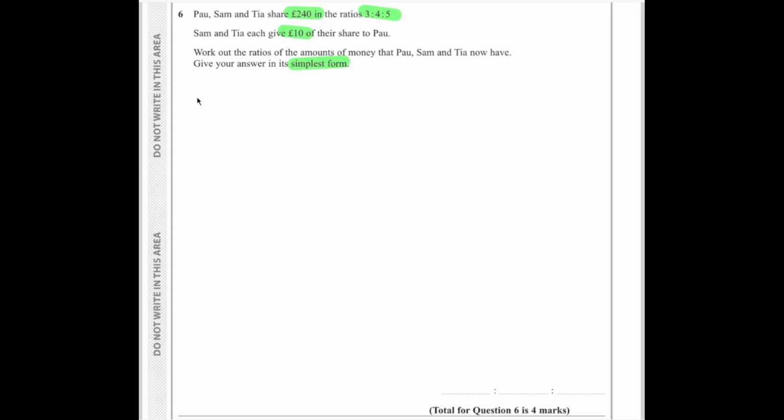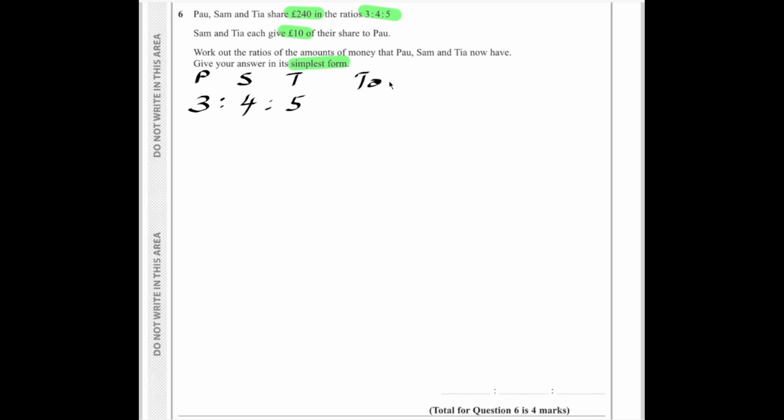When a ratio question is given, the very first step is to write down the ratio as it is. So the ratio is 3:4:5. After that, these parts are represented by the ratio; there are 3 persons here, Paul, Sam, and Tia. Let's write their names just above the ratio parts. So this one for Paul, this one for Sam, this one for Tia.